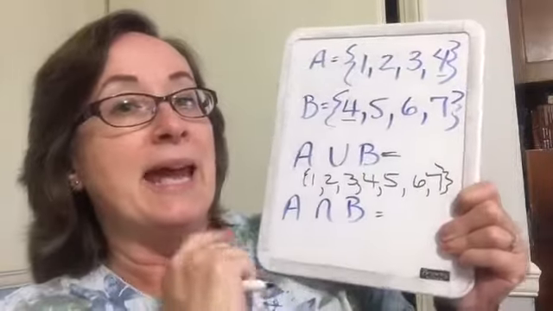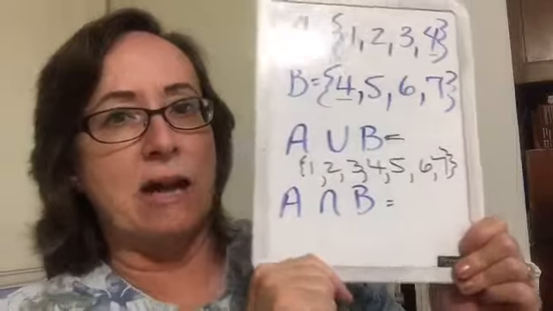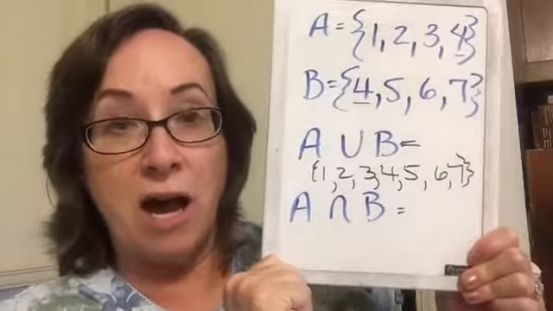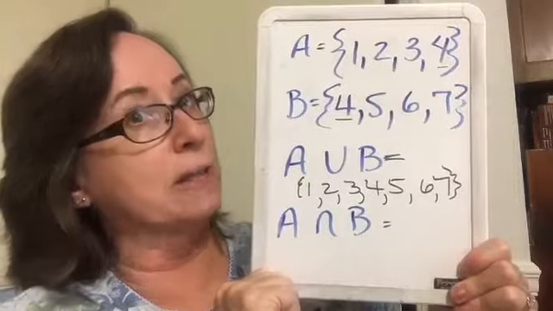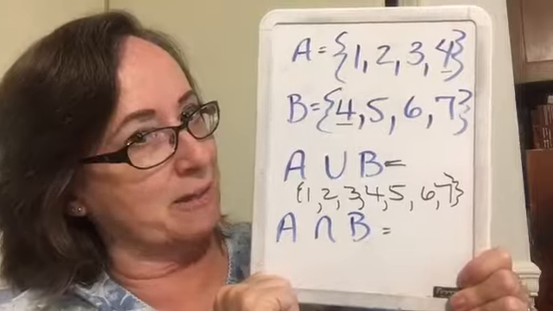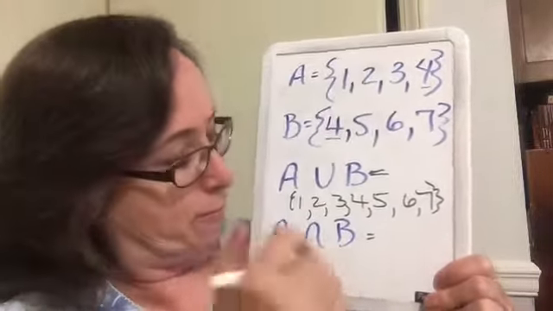Okay, A intersect B, remember intersect is what do they have in common? Sets A and B only have one item in common. They both have the number 4.